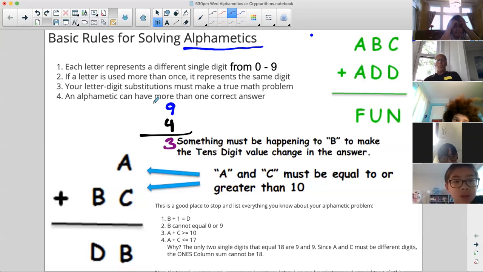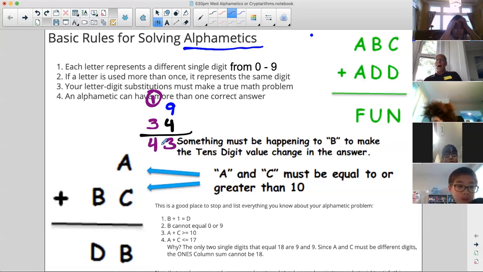And therefore, with your carry, what does D have to be? 4. So guess what, guys? I now agree that A cannot be 9 because whatever number you put for C is going to end up equaling D. So Claire, you totally nailed it.